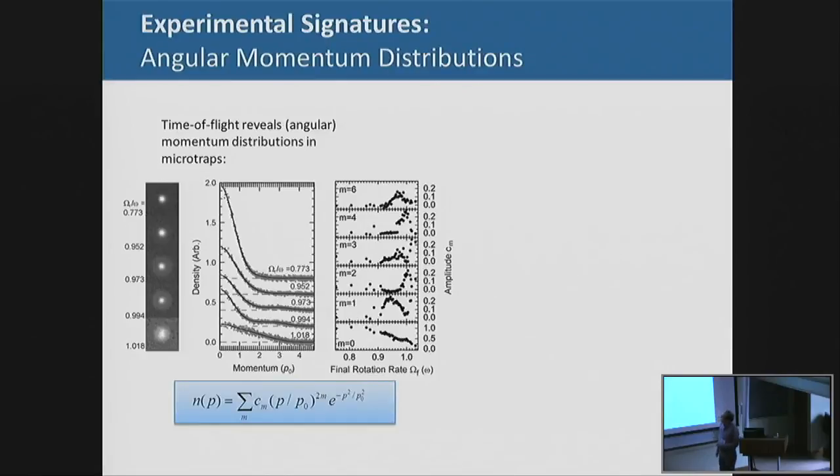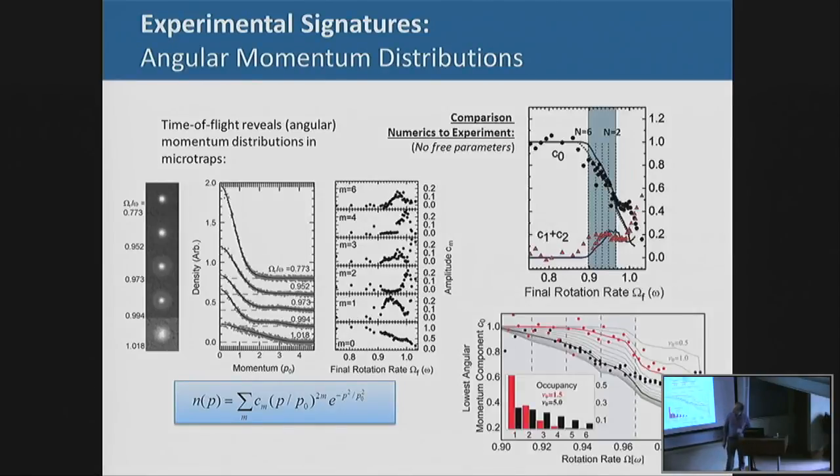Well, as a function of that final rotation rate, which is trying to deliver us into that fractional Hall state, we can just let the atoms go in time of flight and look at their density profile. Here is a radial plot of their momentum distribution. Of course, we can decompose that into different components of the angular momentum from 0 up to 6. If we compare that to what we would expect for fractional quantum Hall states using some numerics without any free parameters, you can see that as a function of the final rotation rate of that trap, the 0 component of the angular momentum and also the first 2 components follow your models pretty well.